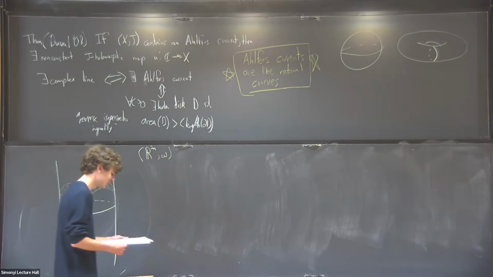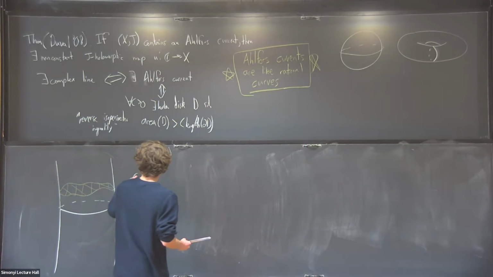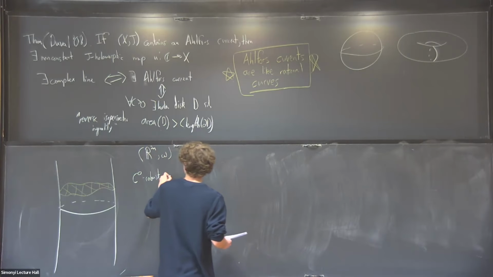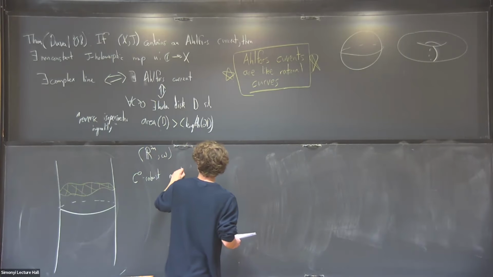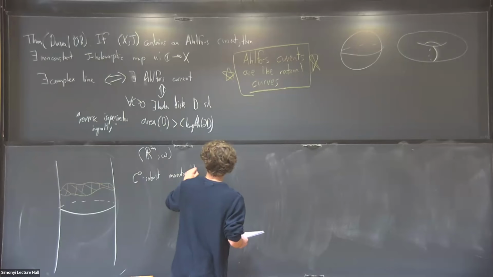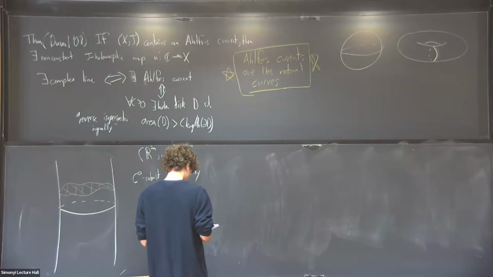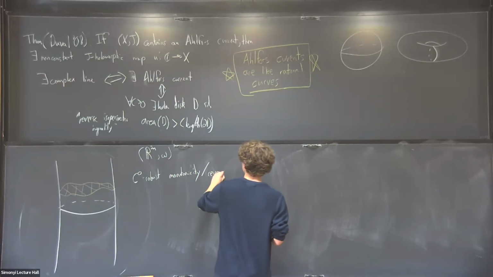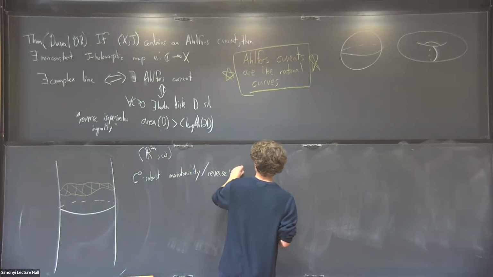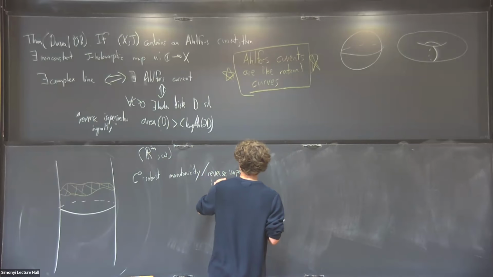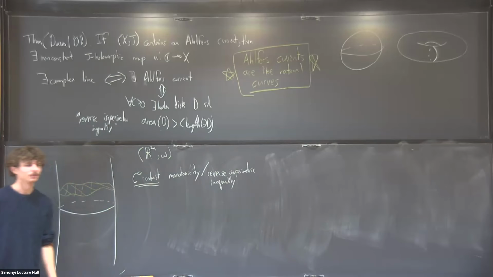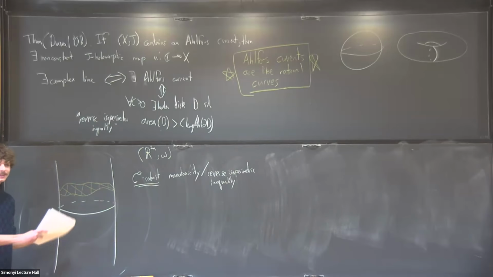So the key point is this kind of C0 robust monotonicity. Then once it's C0 robust, the scaling argument works.